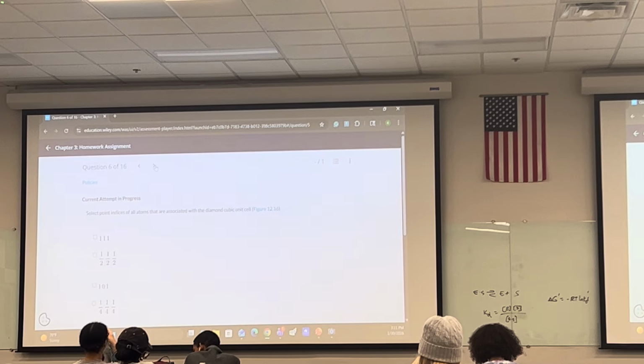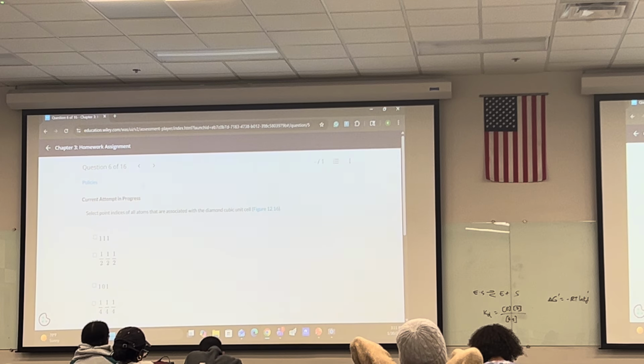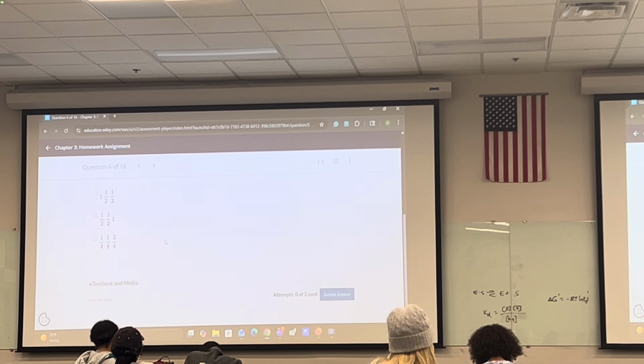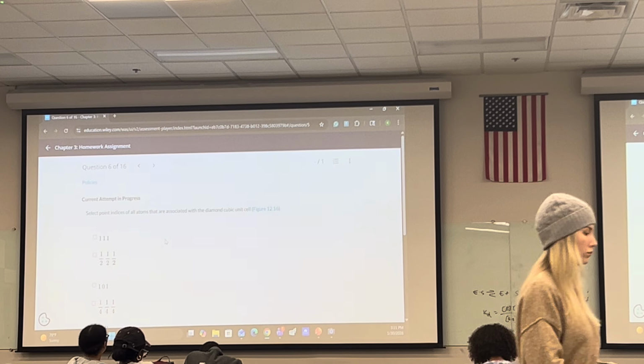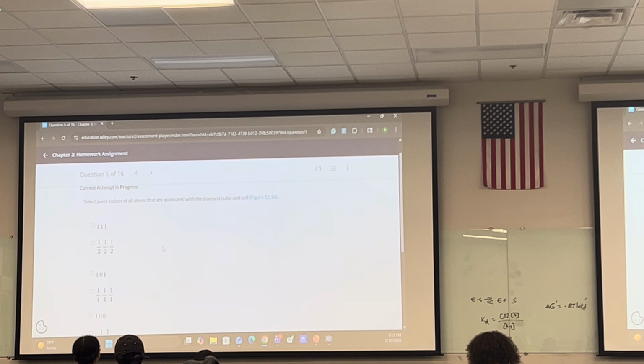The question reads, select the point indices of all the atoms associated with the diamond cube unit cell. From here you would select all the ones that pertain to the answer. And to help you out, there's a hyperlink there that takes you to that section in the textbook on the unit cell itself.